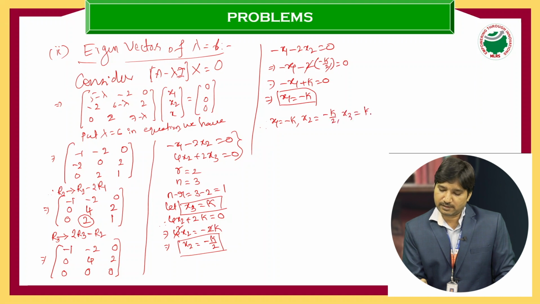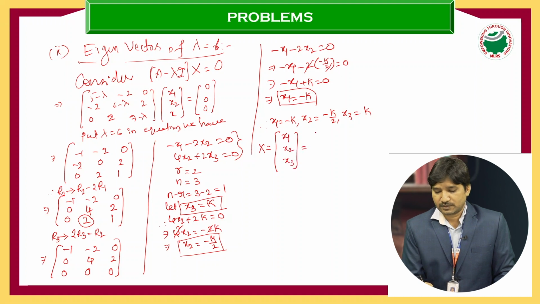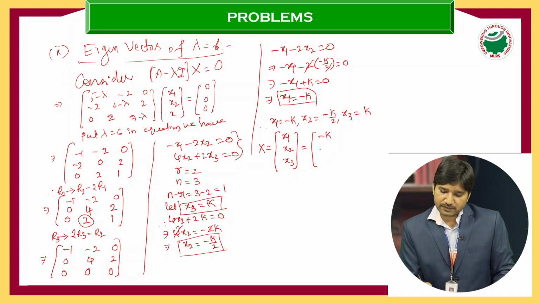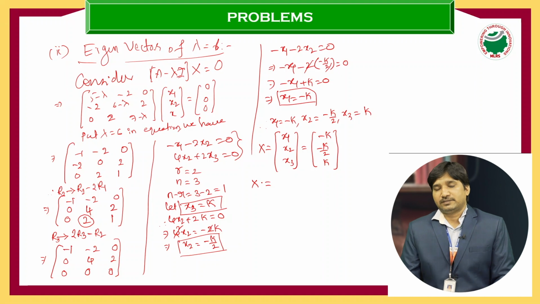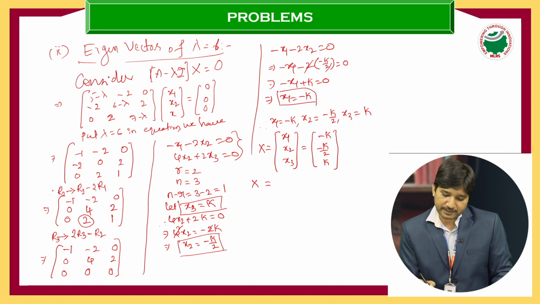x3 equal to k. Therefore, the characteristic vector we can write as x equal to x1, x2, x3. Substitute the values: x1 equal to minus k, x2 equal to minus k by 2, x3 equal to k. After simplifying, take k by 2 as common in the column matrix.